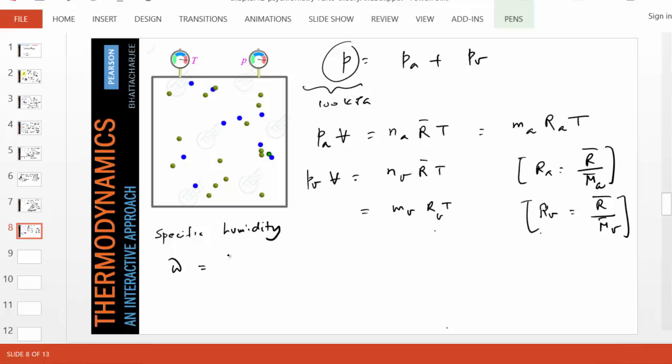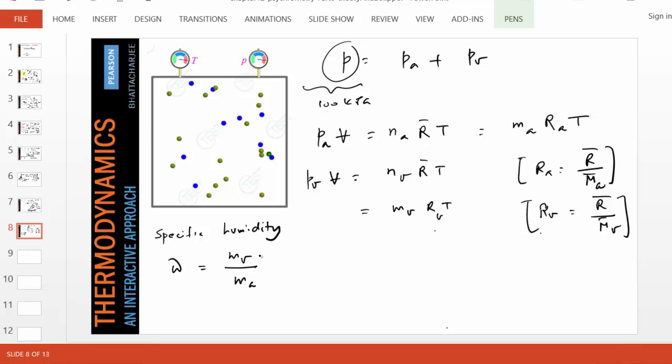It is mass of vapor divided by mass of dry air. So if you take any scoop of moist air, the mass of vapor divided by mass of air is called humidity ratio or specific humidity. So obviously for dry air, omega will be 0, and omega max will be corresponding to the maximum amount of vapor that the air can hold at 100% relative humidity.